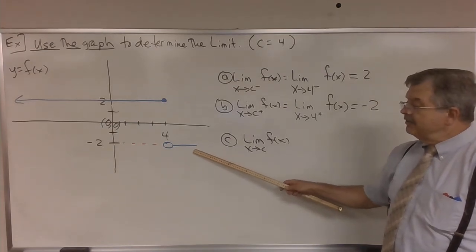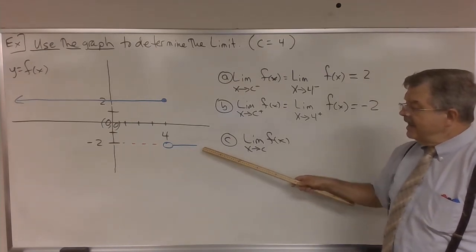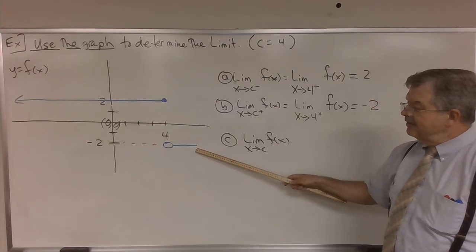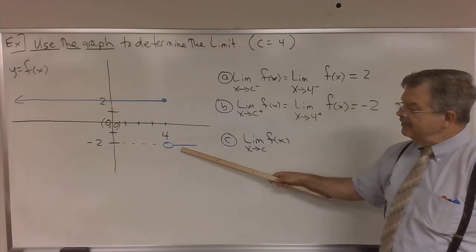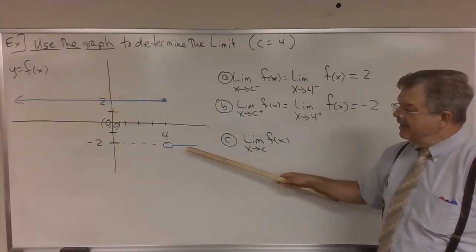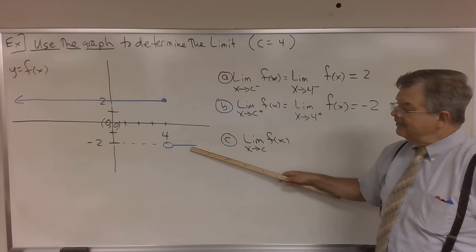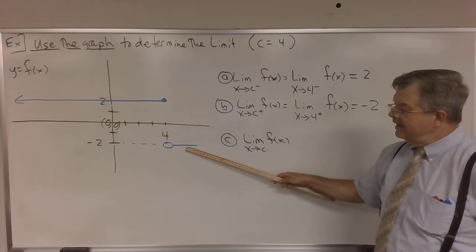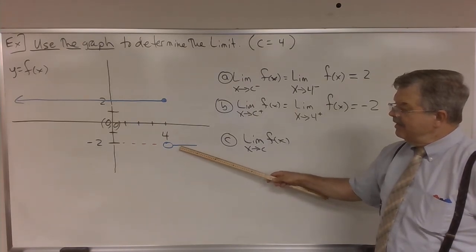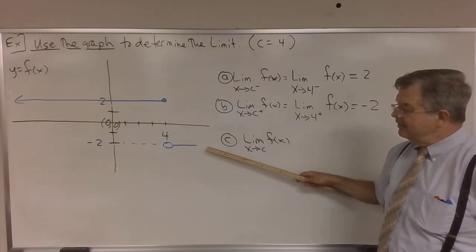As x approaches 4 from the right, x is approaching 4 from this direction. And as we move along the graph in such a way that x is approaching 4 from the right, the y value is constantly -2. The y value here is -2, the y value here is -2, the y value here is -2.